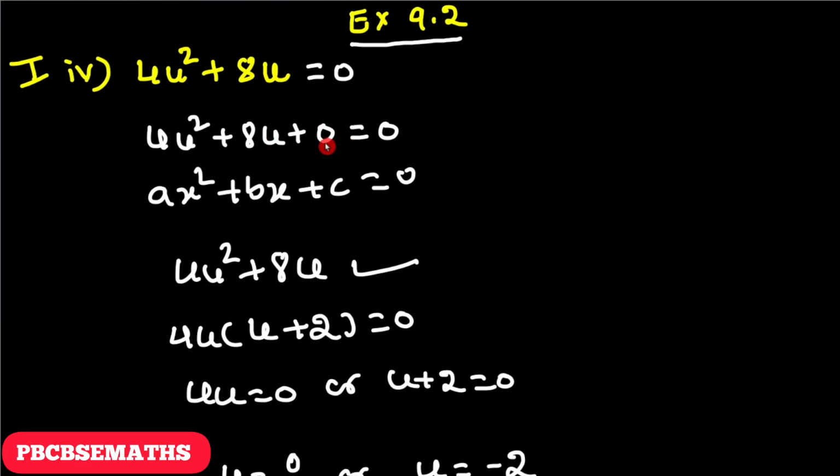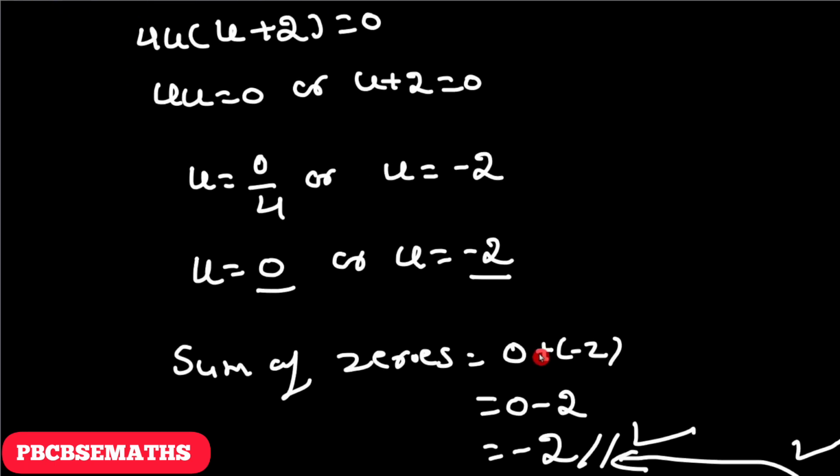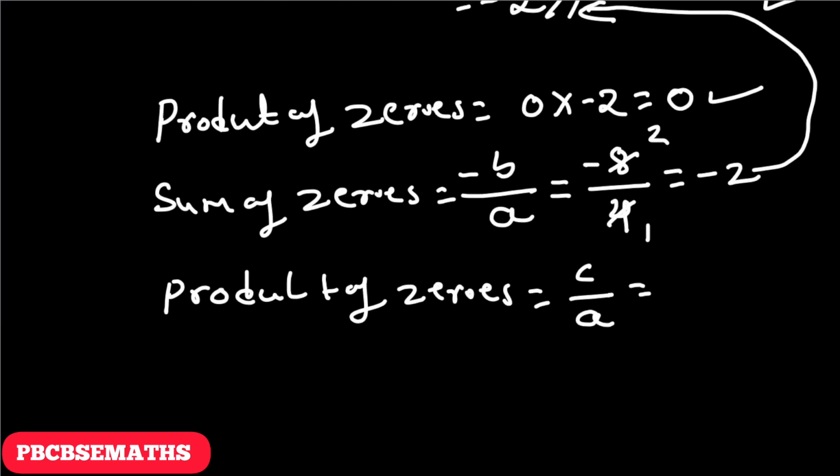So the constant term is here 0 and the coefficient of x square is 4. So let's substitute those values here. Then we get 0 by 4, which is equals to 0. So we can say that product of the zeros is also correct.